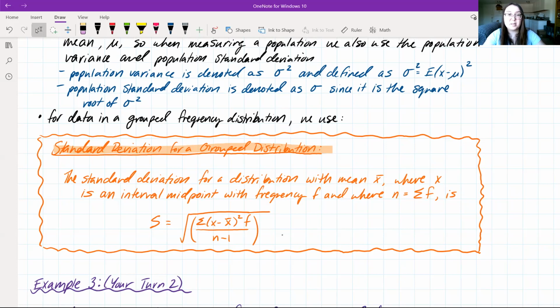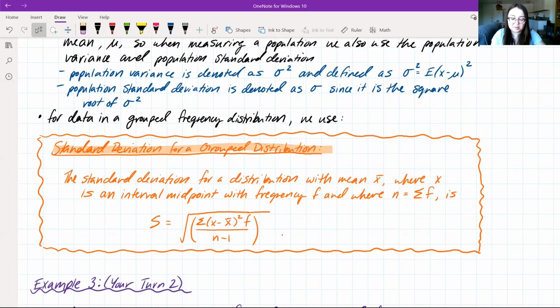This is almost the exact same definition that we had for standard deviation not in a grouped distribution. The difference now is that n is the sum of frequencies, and we're also going to multiply by our frequency for each one of our intervals. And when we choose our interval, we choose a midpoint.